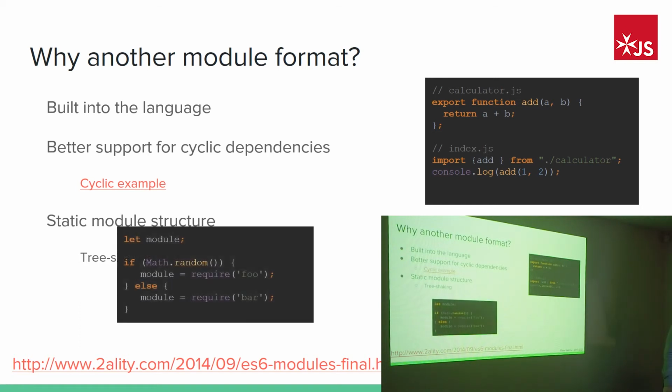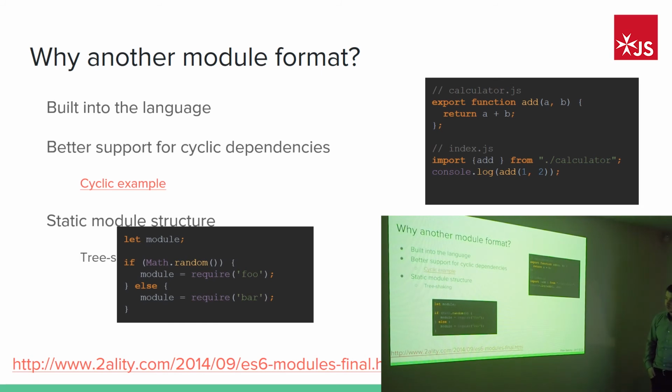It means that in CommonJS, this is perfectly fine code. If you check here, there is no way of knowing which module you will require during build time, because it's Math.random. So every time you run this code, you might depend on the foo module, or you might depend on the bar module.